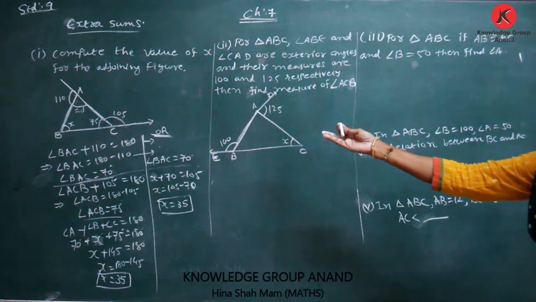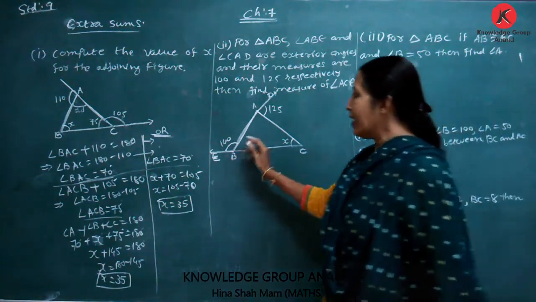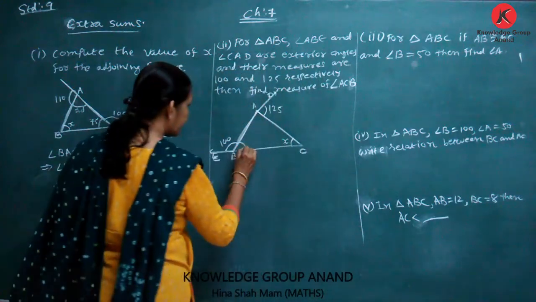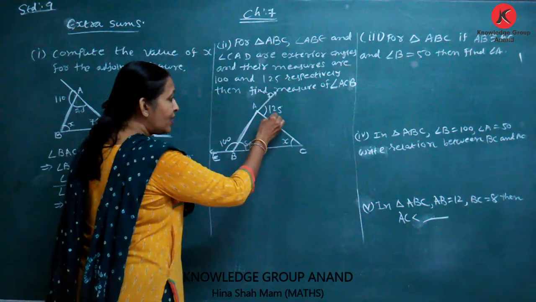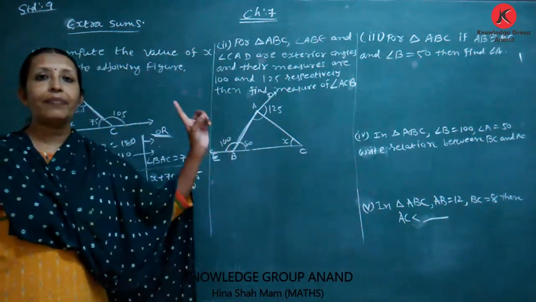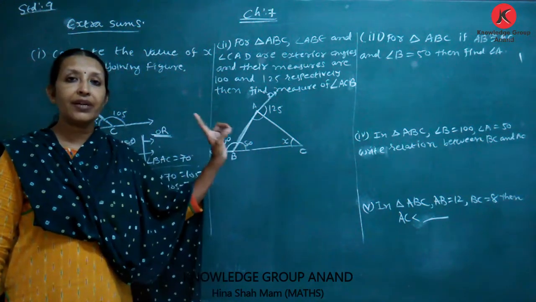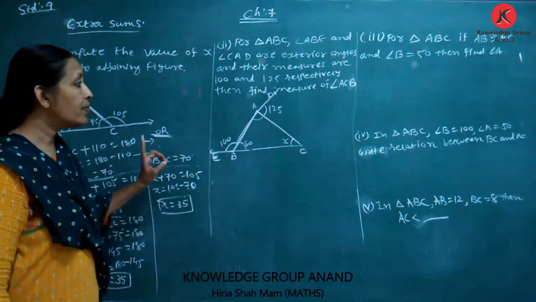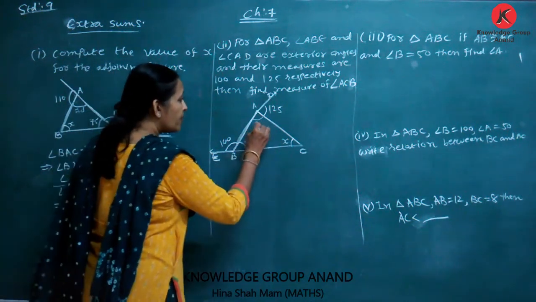You calculate this sum yourself. This is 100. Then this is 80. 125. What is the measure of this angle? 180 minus 125 is 55.